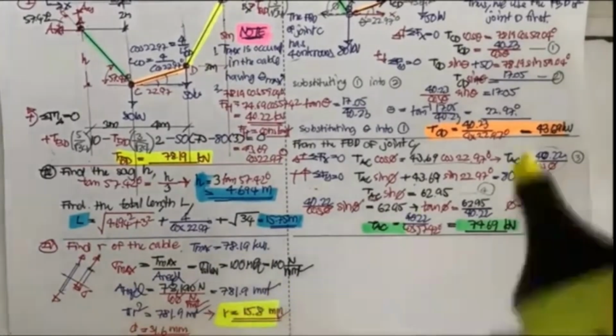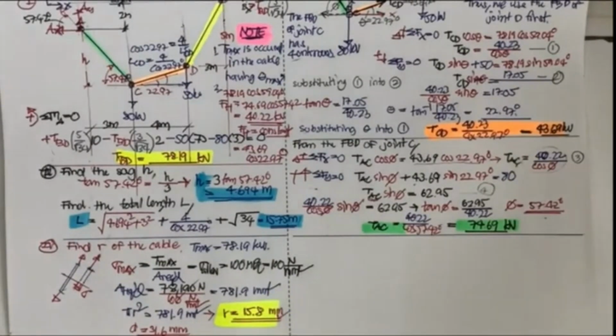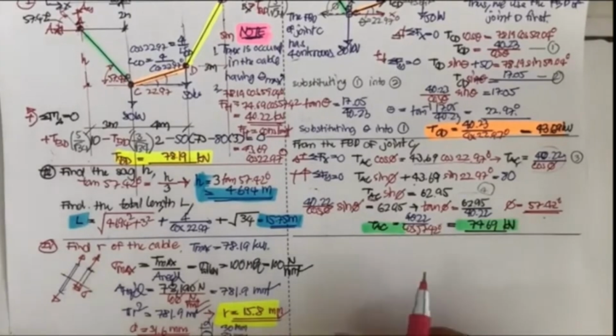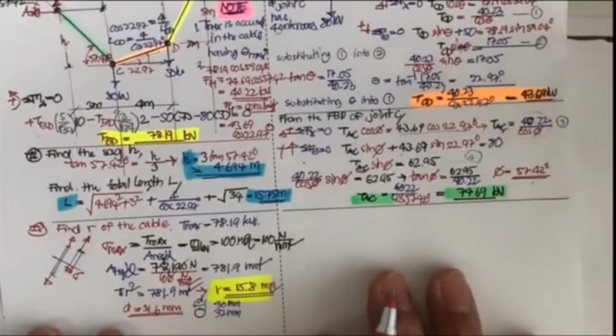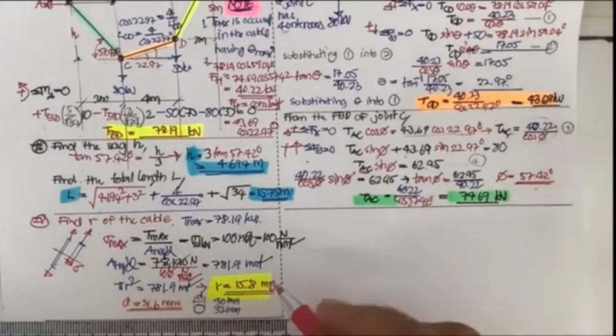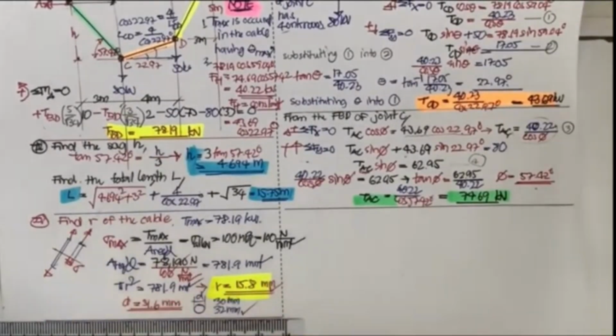That is the answer for the radius, and you put this into the slot there. In the market, we don't have a cable with exactly 31.6 millimeter. We will have a diameter of 30 millimeter, or 32 millimeter, or even 34 millimeter. Which one are you going to select? We select the one that's larger than what we have here, so we select 32 millimeter.